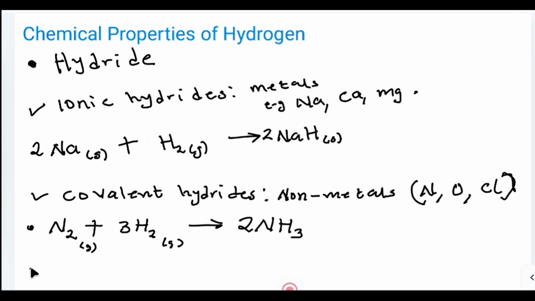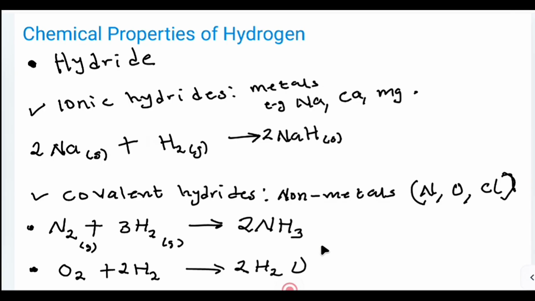We could also have O2 plus H2 to give us H2O. Wow, so water is also a hydride of oxygen. Water is a hydride of oxygen.